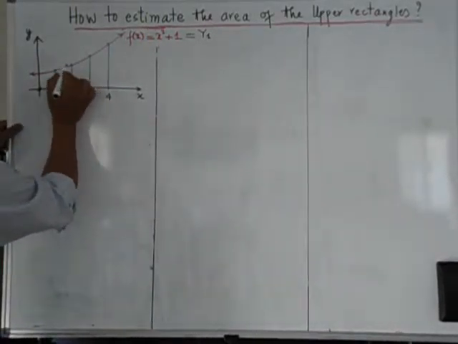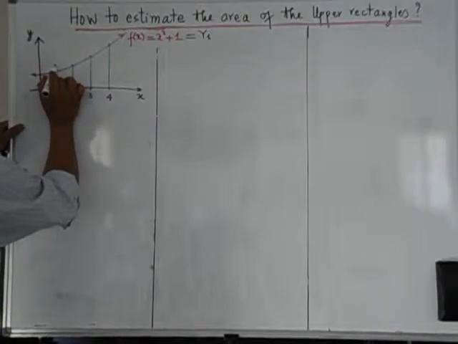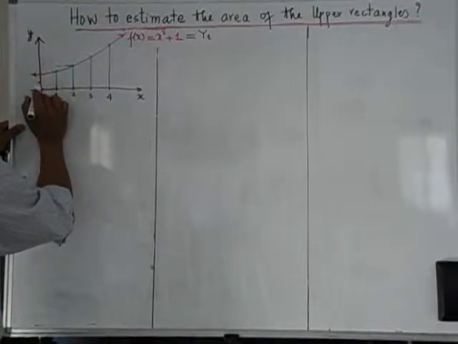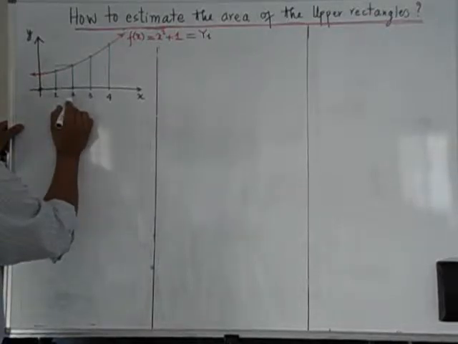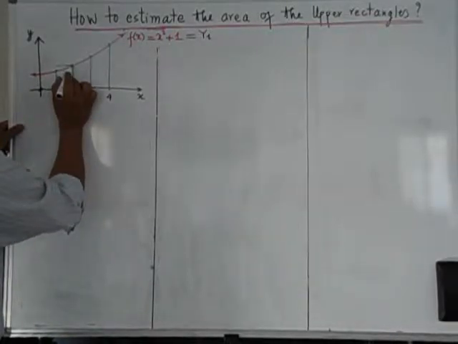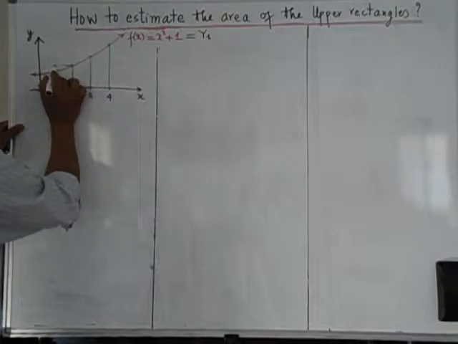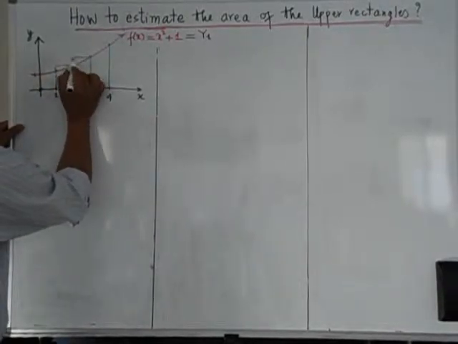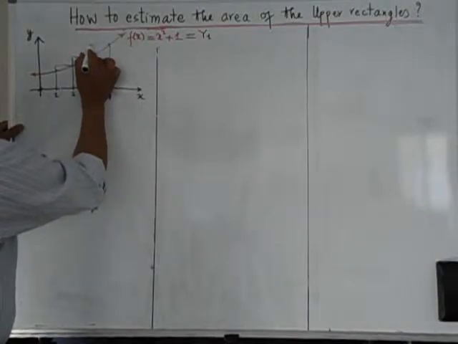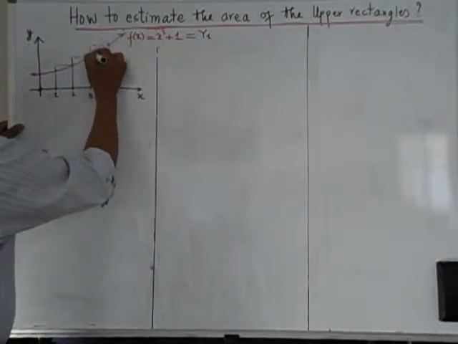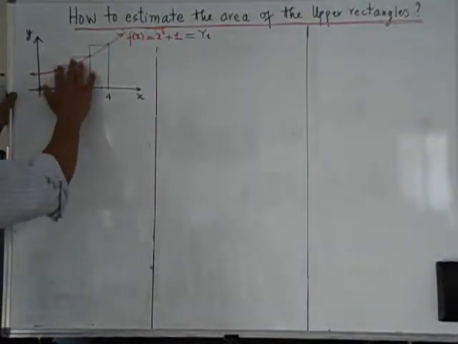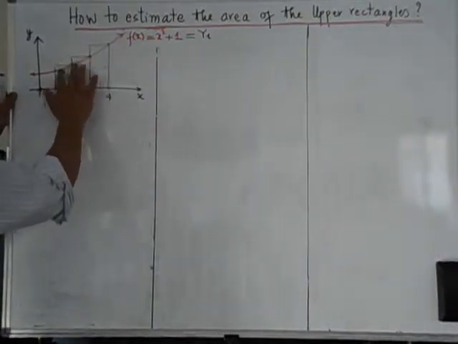If we draw a line to the point where it intersects the main function, and we do the same thing for the others, we can see these 3 small rectangles.